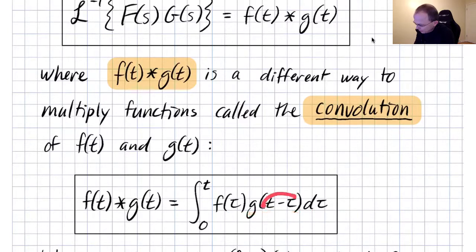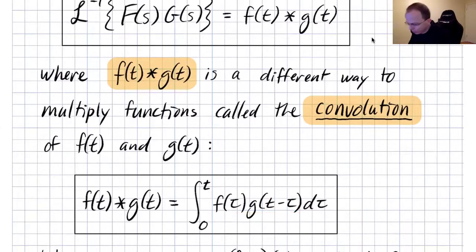When tau is 0, this will be t, and when tau is equal to t, then this will be equal to 0. So this term is going from 0 to t, and this one is going from t to 0. They're going in opposite directions, and we're multiplying them together and integrating them.